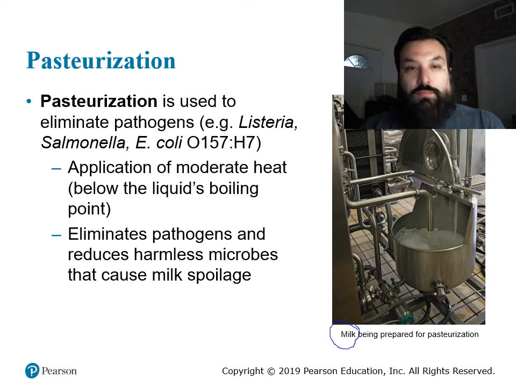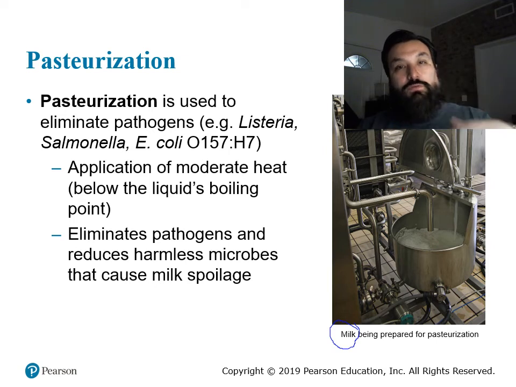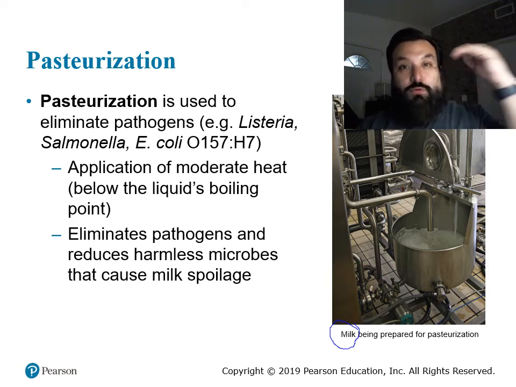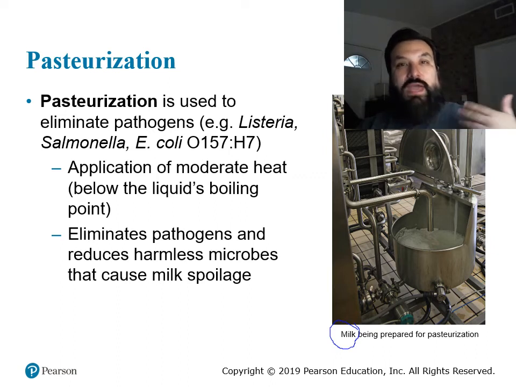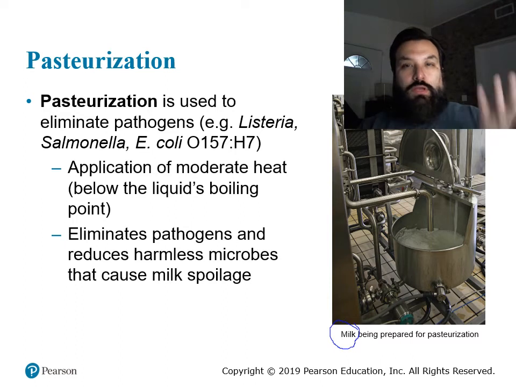And pasteurization was actually invented by Louis Pasteur, the scientist with the swan neck flask, if you remember him from the earlier chapters in the book. Louis Pasteur invented the process of pasteurization, which is increasing the temperature of the solution, like milk, right before boiling and keeping it there for a certain amount of time to kill potential bad organisms and keep the good organisms alive, right? So it leaves the harmless microorganisms there, but kills the ones that cause disease.